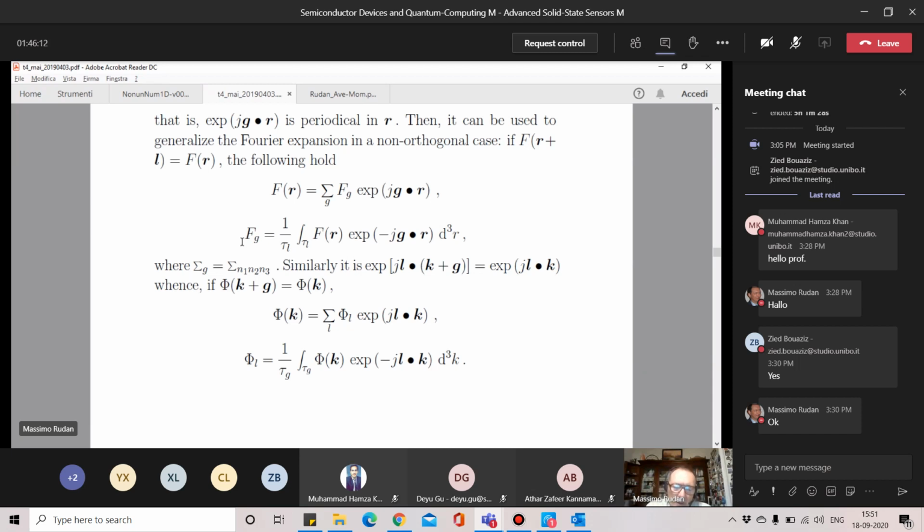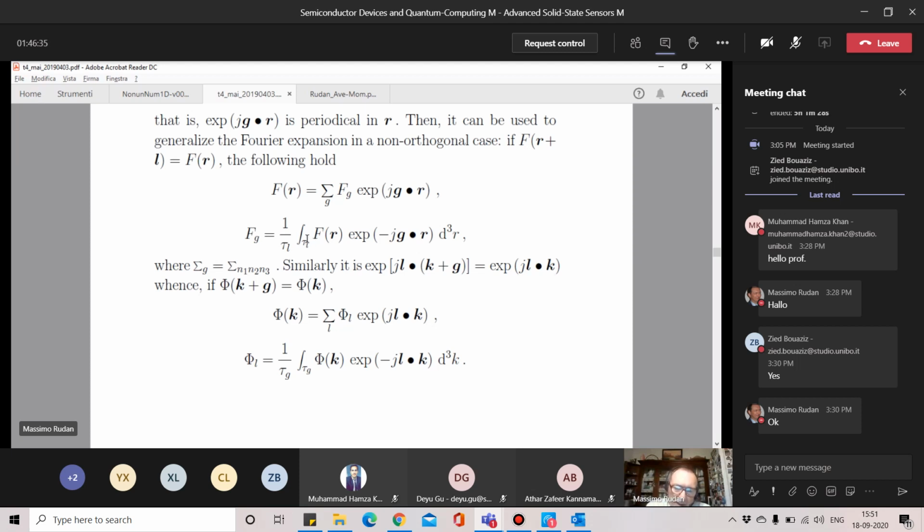What is the form of the coefficients Fg? It is the typical form of the Fourier coefficient. We take the Fourier transform of the original function f over a period of R, but you remember the period of R is the elementary cell.